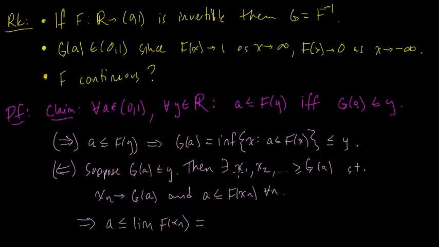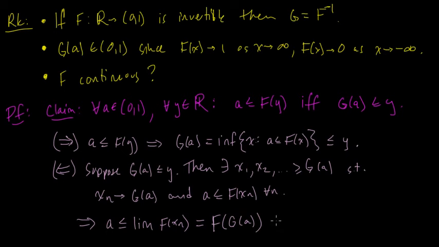Remember, these x's are converging to g of a. Since f is right continuous, and these are all greater or equal to g of a and converging to g of a, then this limit equals f of g of a. f is right continuous because it's a CDF, and every CDF is right continuous.